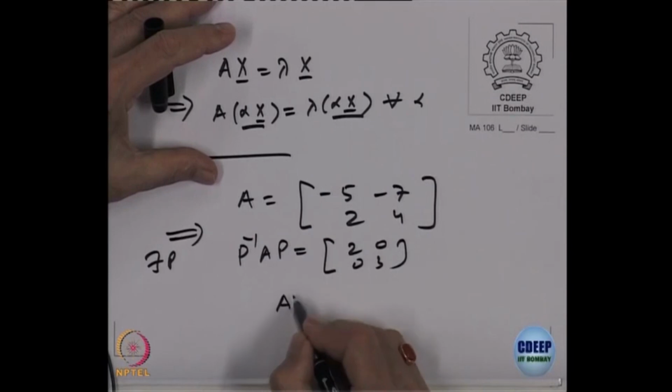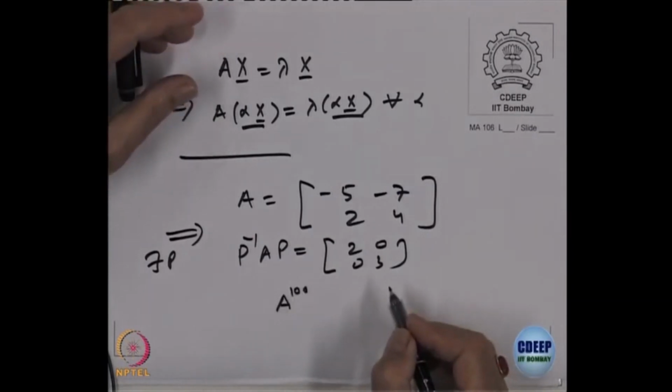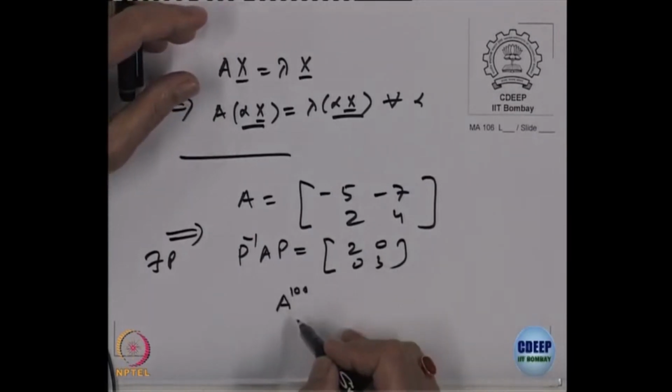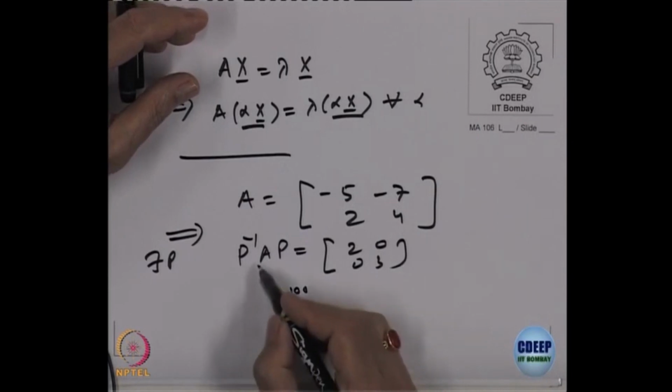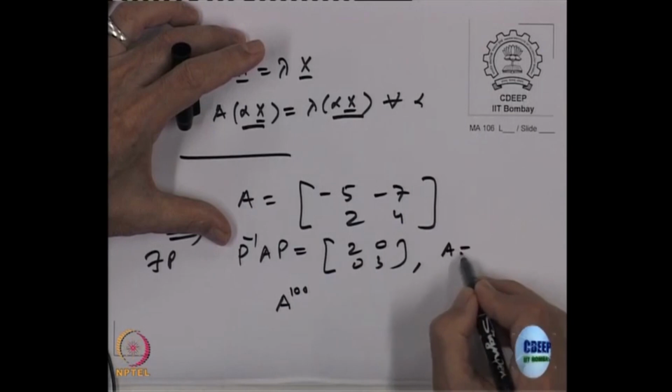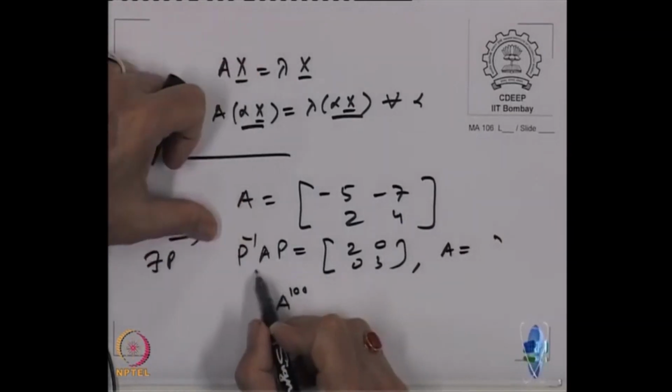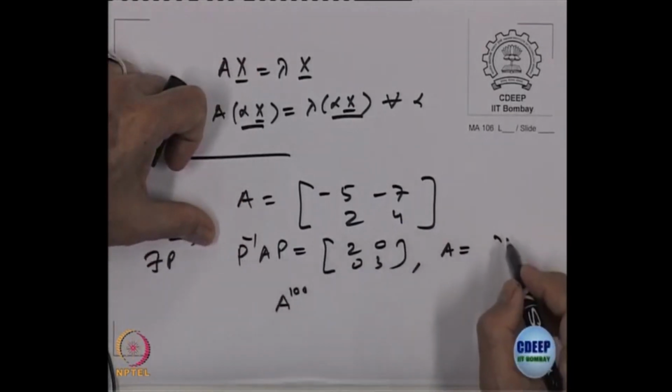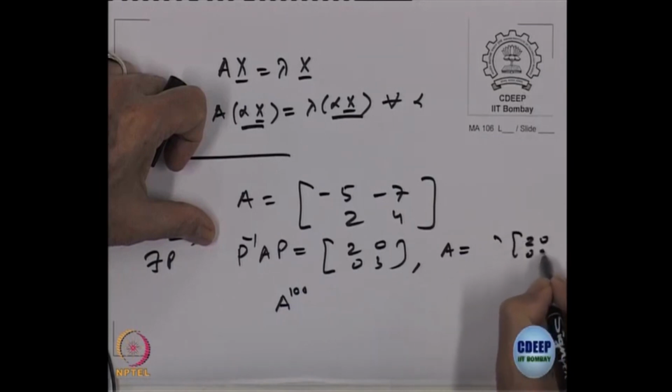I want to compute A raised to power 100. From this equation, I can write A equal to P times the matrix 2, 0, 0, 3 times P inverse.